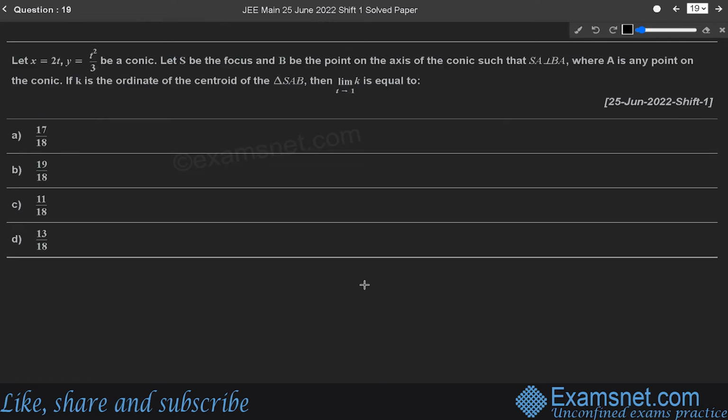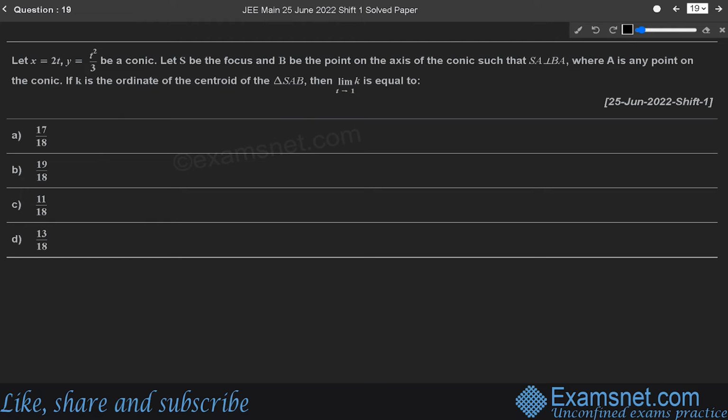Moving on to next question, let x = 2t and y = t²/3 be a conic. Let S be the focus and B be the point on the axis of the conic such that SA is perpendicular to BA, where A is any point on the conic. If K is the ordinate of the centroid of triangle SAB, then limit t tends to 1, K is equal to.